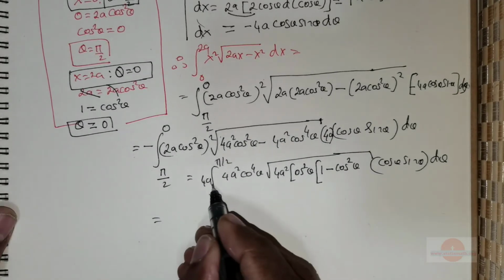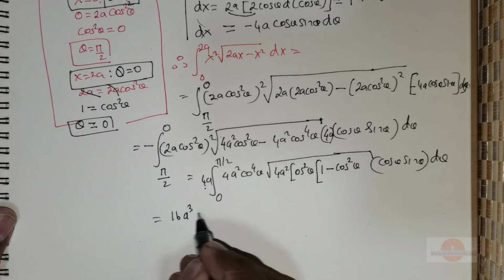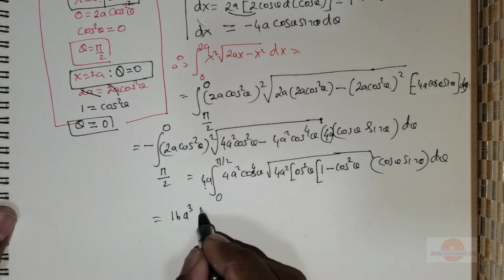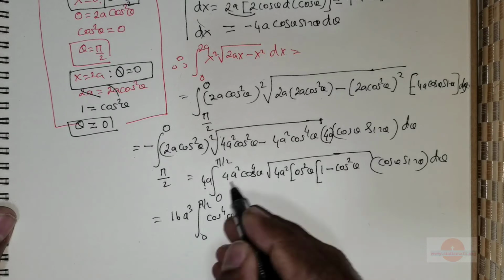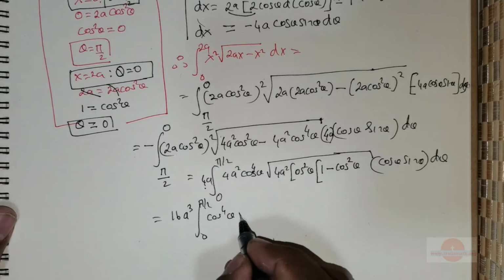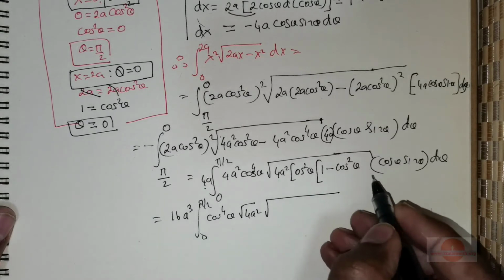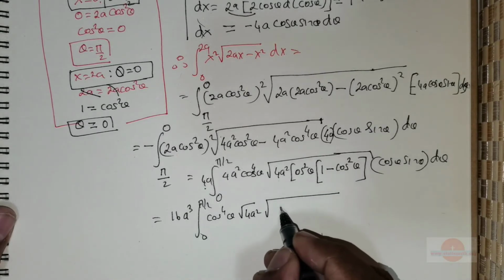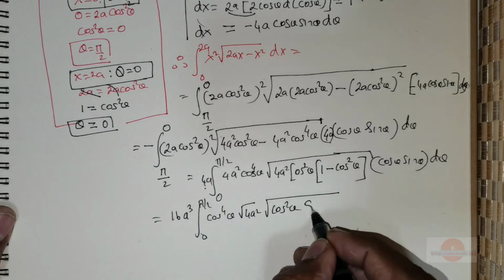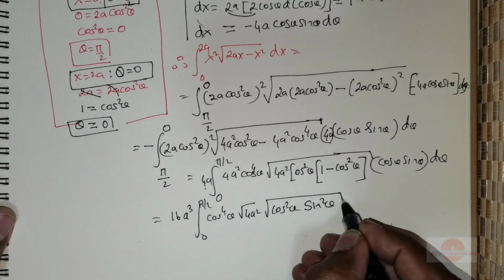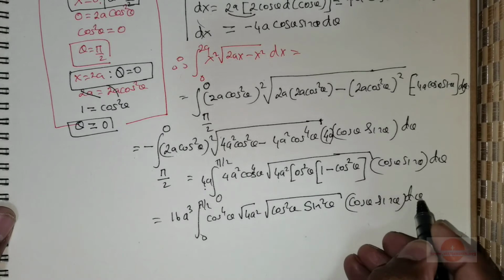Now this can be rewritten: 4 times a times 4a squared is going to be 16a to the power 3, cos to the power 4 theta. Now I take this root and write it as the root of 4a squared times the square root of cos squared theta, and the root of 1 negative cos squared theta will give me sin squared theta, times cos theta sin theta d theta.